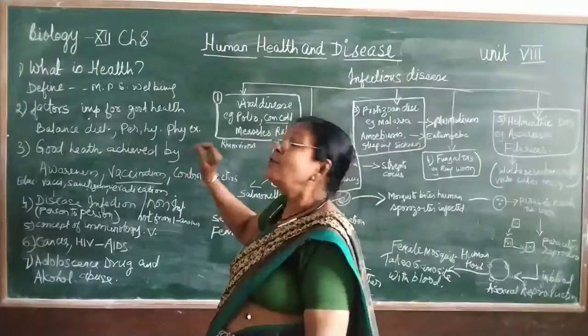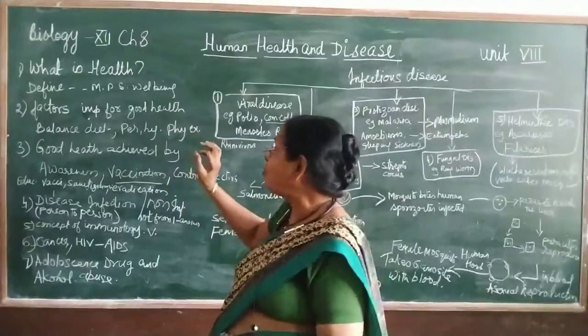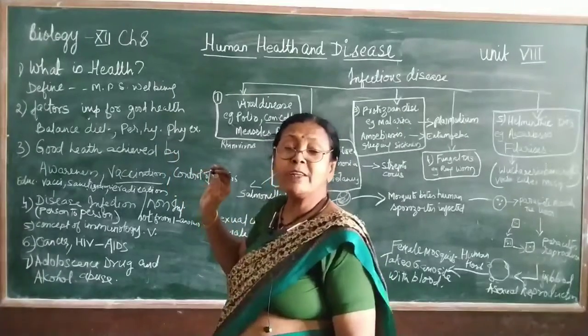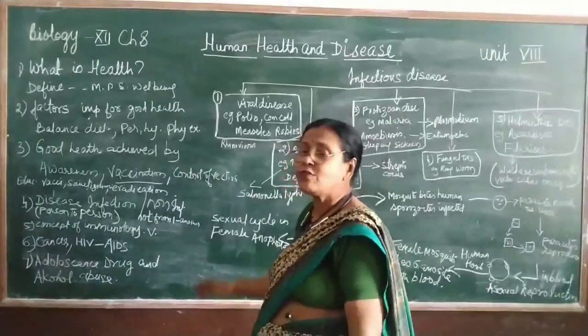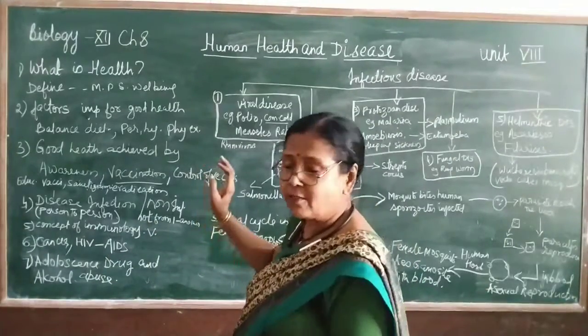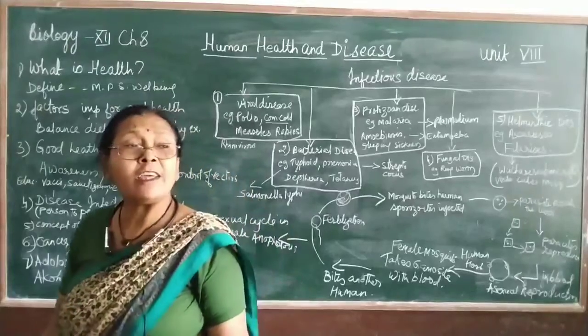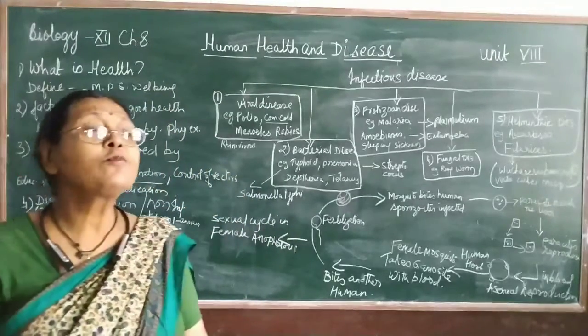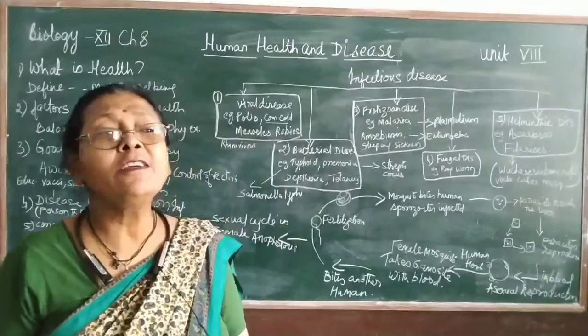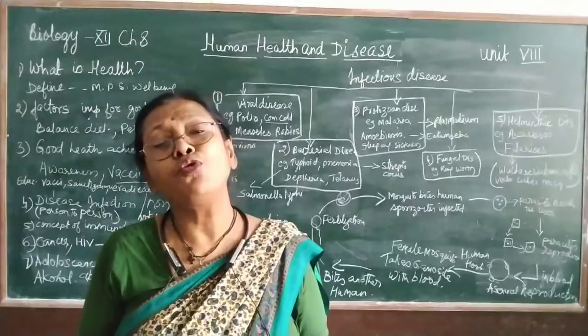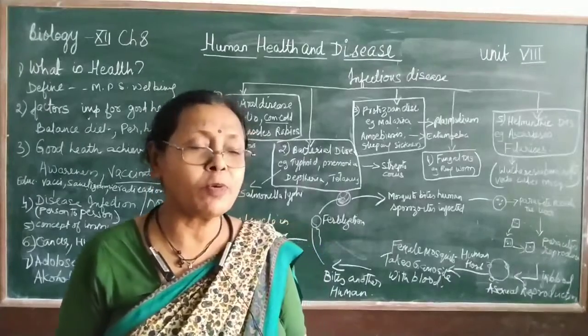mentally, physically, and socially. The mental, physical, and social well-being of a person is known as health. So what is mental health? You are fit, you are able to think, you are able to talk properly, you are able to do all your functions properly.